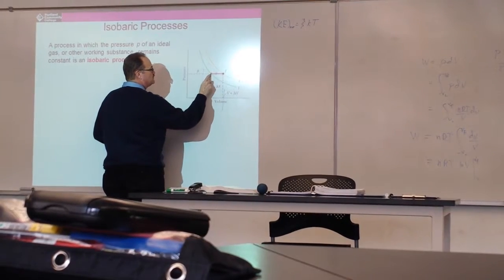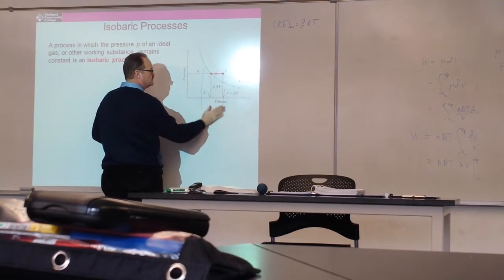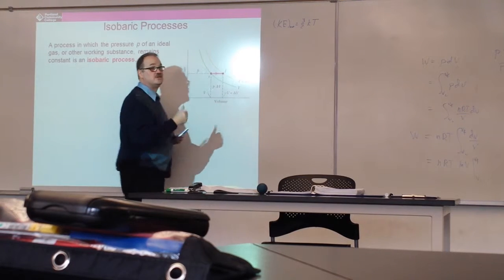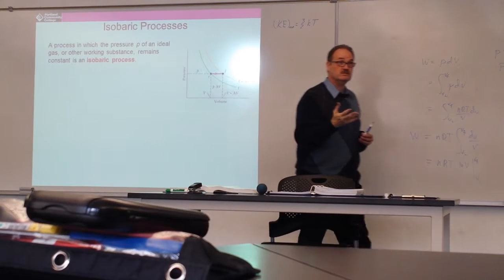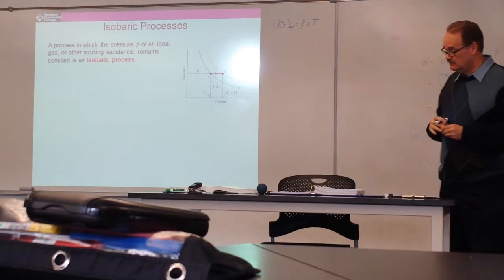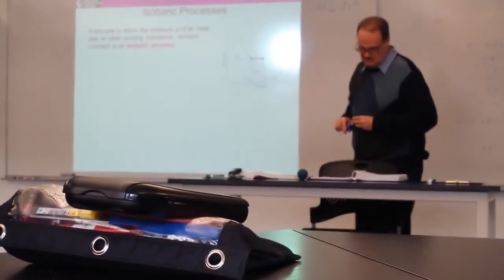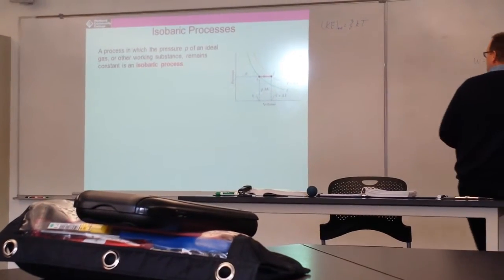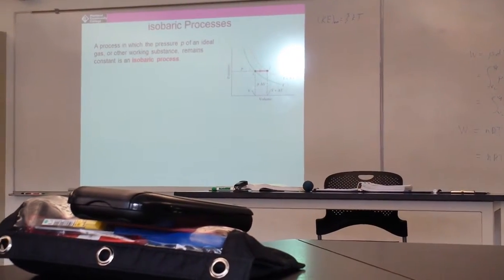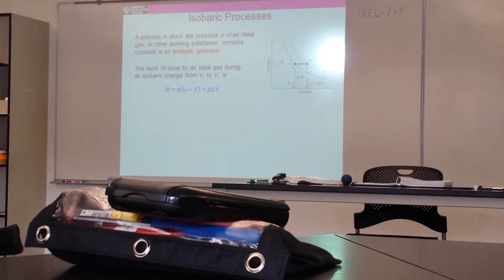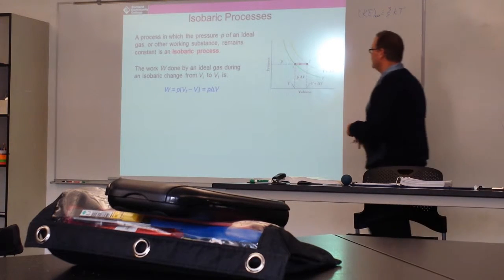So now we cross from one isotherm to another, so the temperature does change. That means the internal energy does change in here. So work is done. And so in an isobaric process, we know that the amount of work that's done is just equal to the pressure, which is constant now, times the change in volume.